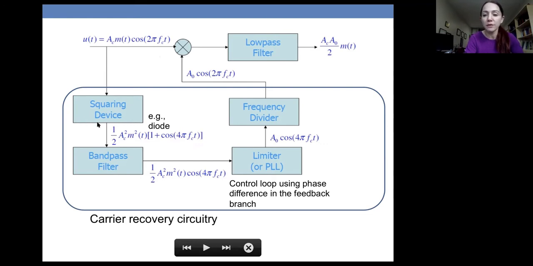First, we use a squaring device. It is a nonlinear electronic circuit. Using just a single diode, even the simplest nonlinear electronic component, could possibly do.